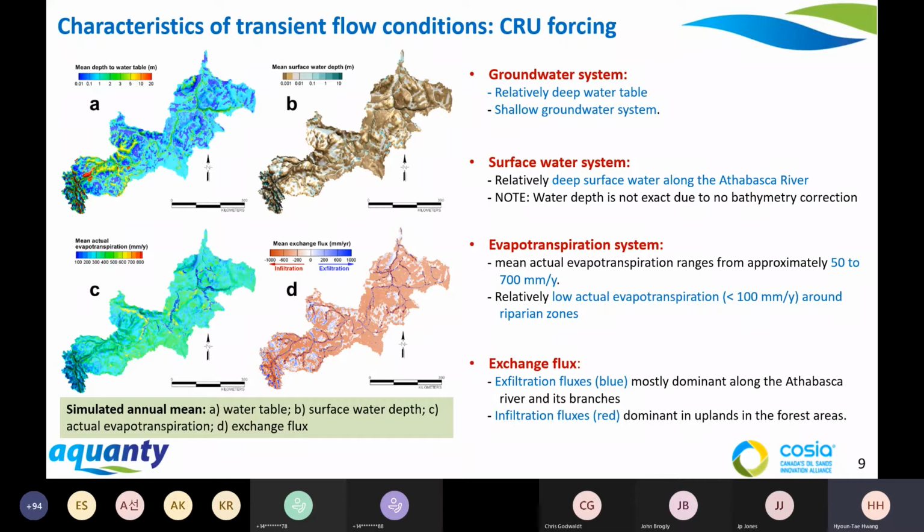As you can see here, mostly red means infiltration is dominant on the land side, and blue represents exfiltration from the groundwater system to the surface water system, which is strong along the rivers and especially along the Athabasca River and its tributaries. So next, please.